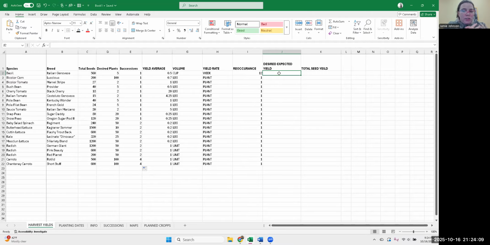Desired expected yield. So, let's see. Now, desired plants, doing one succession, so 5 plants multiplied by average yield.